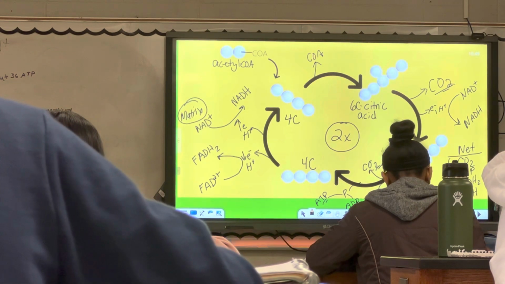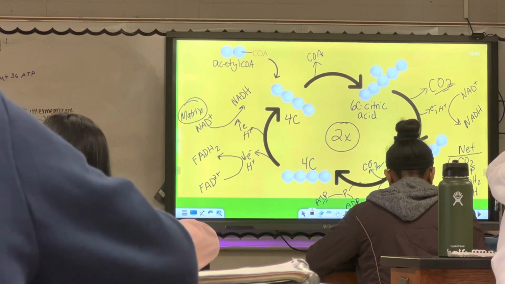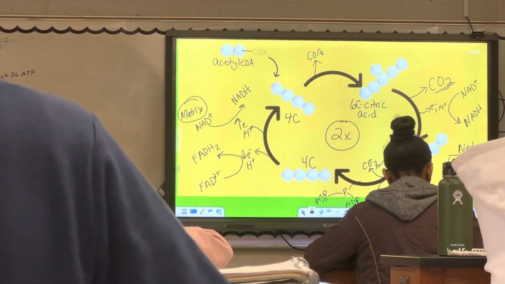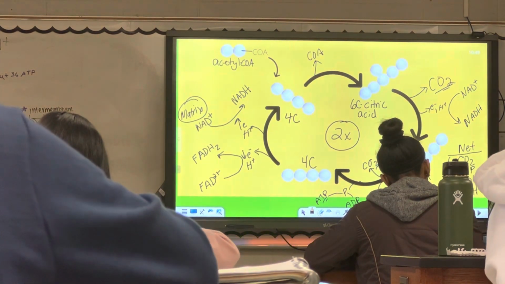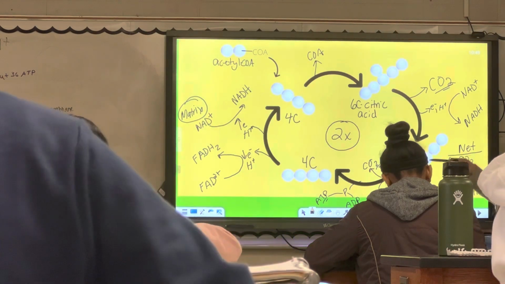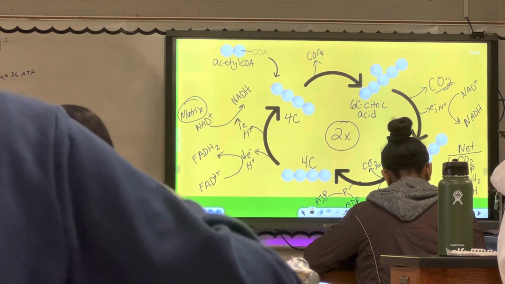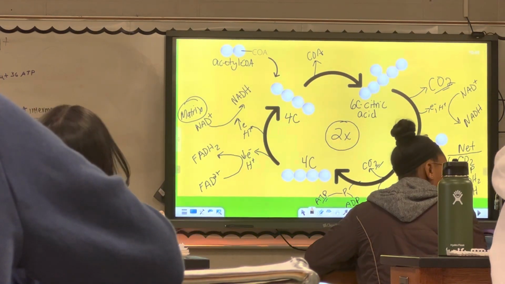Two. Don't forget pre-Krebs. It's 8. Correct, because in pre-Krebs you get 6 from the cycle, 2 from pre-Krebs. Gives you 8. So here's our net products from Krebs and pre-Krebs.